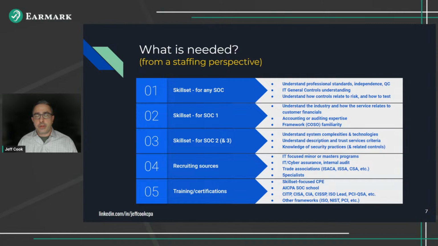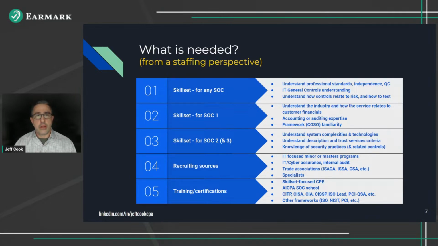Similar to a financial audit, you have to look at the audit risk. What's the risk of the client not meeting their objectives, or not processing correctly, et cetera? So you have to understand the industry risks related to that client. It also takes specialized areas of accounting or auditing relevant to the services, and experience with evaluating the suitability of design and operational effectiveness over financial reporting using a framework such as COSO, right? That's going to be very specific to SOC 1.